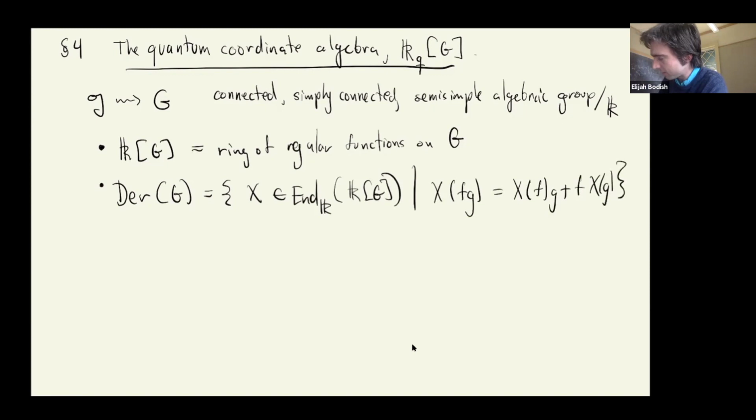And then inside of this, derivations are a Lie algebra. I mean, End of K[G] is a Lie algebra by commutator, and derivations are preserved by commutator.